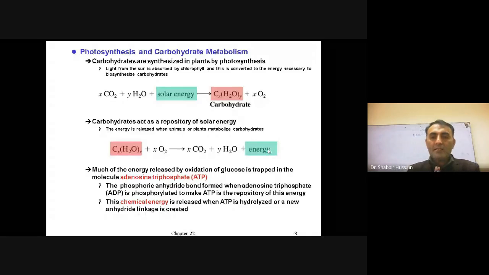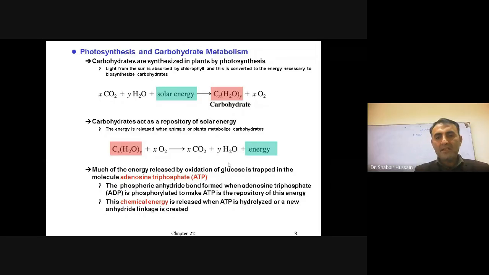How are we getting this energy from carbohydrate? That is the process I have already discussed: glycolysis and the TCA cycle, also called the citric acid cycle, are responsible for producing this energy.